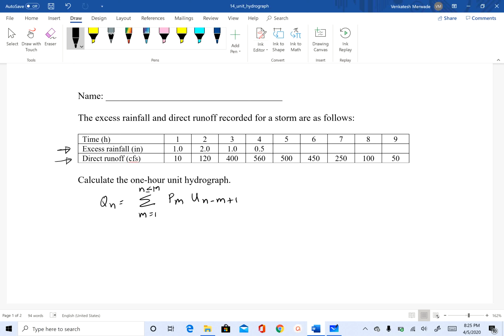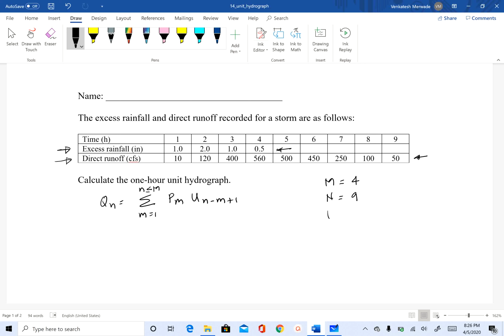Okay, so in this case small m is the total number of excess rainfall pulses, so we have 1, 2, 3, 4 here, and capital N is the total number of direct runoff ordinates, which is 9 in this case, and we have to determine the unit hydrograph.